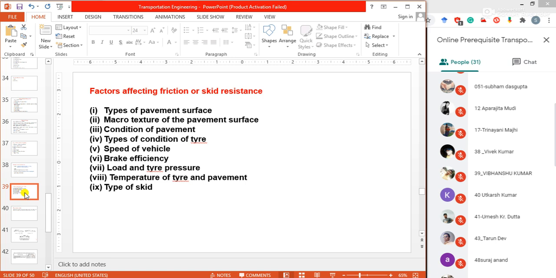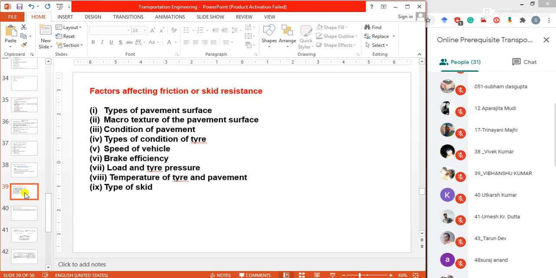Pavement unevenness also affects vehicle operation cost, comfort and safety. Fuel consumption, and wear and tear of tires and other moving parts increase with increase in pavement unevenness. So pavement unevenness can increase your vehicle cost.